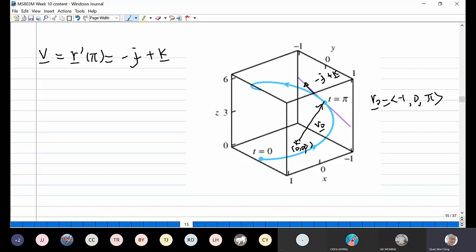If you want to find the equation of this tangent line, let's say this straight line here continues. Where is the equation of this tangent line? Let's say I draw it here from the origin. This is r(t), the equation of the tangent line.